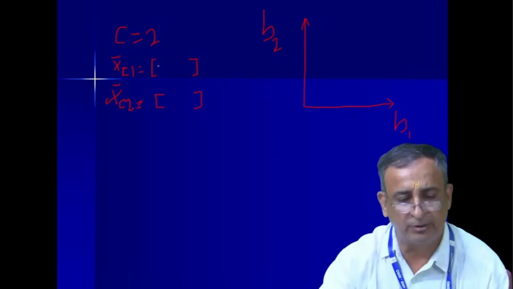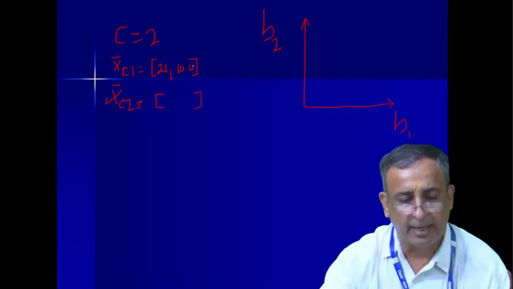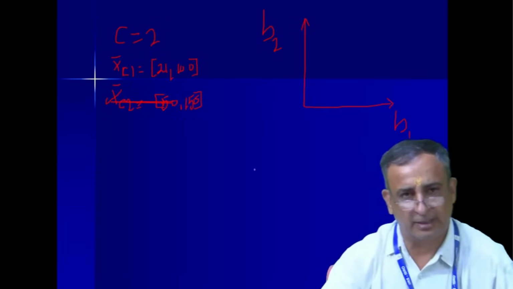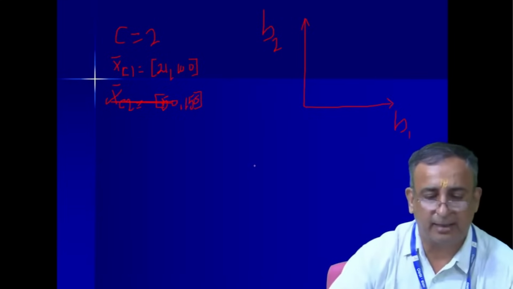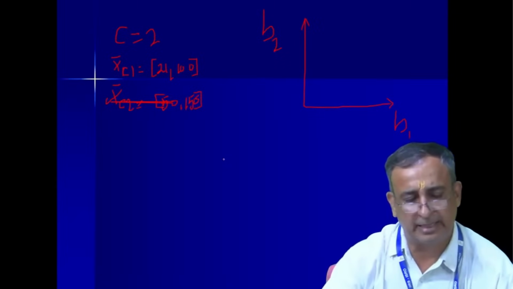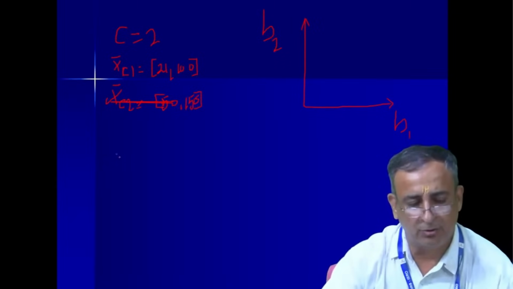You will have two values here. Suppose here you assume 21 and then 100, and here you can assume 50, and then maybe 150. So these two cluster centers you have assumed, and then you can start the algorithm. The algorithm basically uses the Euclidean distance, and you know the formula.